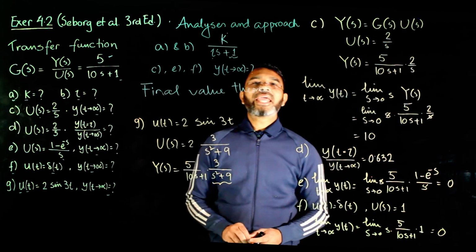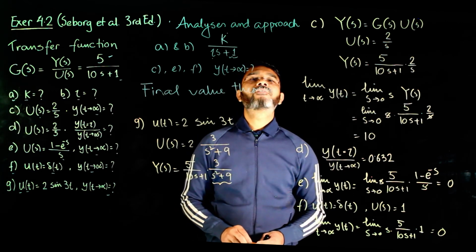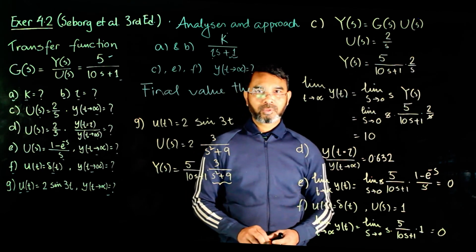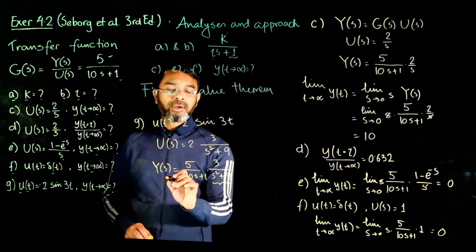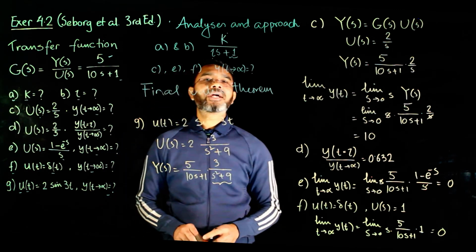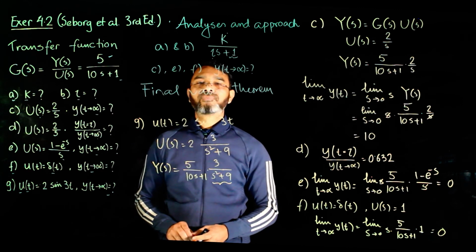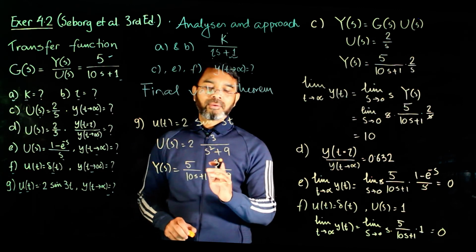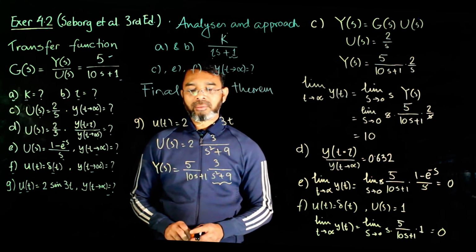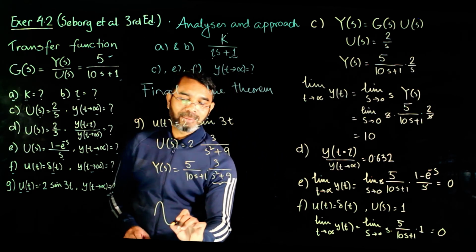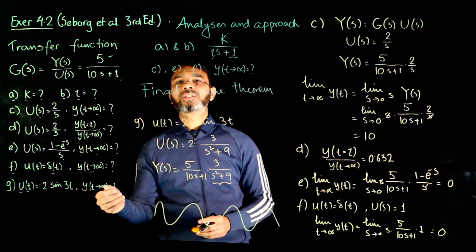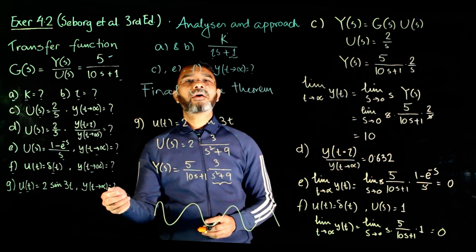In other words, if a function does not converge to a final value, the final value theorem is not applicable. If you try to find the value of y(t), you need to take the inverse Laplace, and you see that y(t) also becomes sinusoidal, meaning that y(t) will behave something like this. As t goes to infinity, it does not converge to one final value.